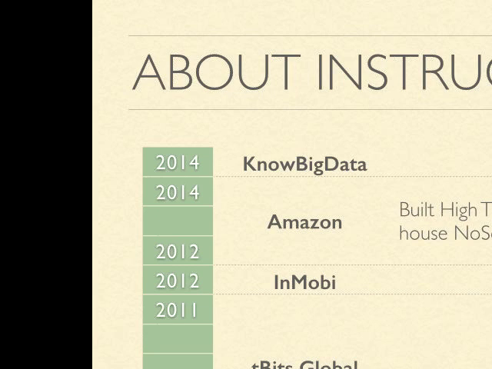So there we actually did a lot of things similar to what we talk about today in Apache Spark and other things. Afterwards, I built a company called Tbits Global, where we built a product called Document Management System for building power plants.